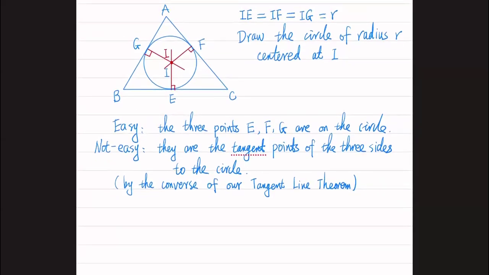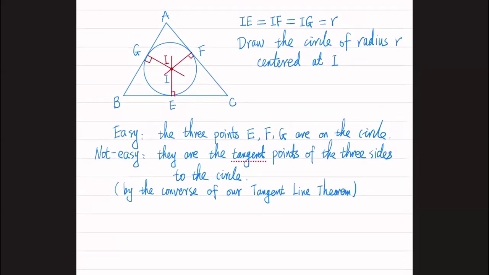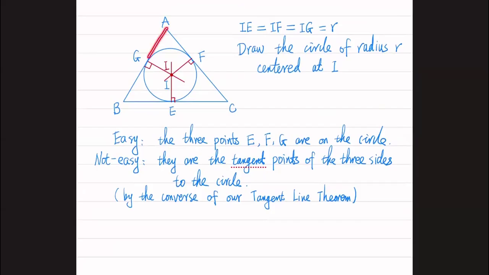Okay, not only that, we also learned how to find the lengths of the six shorter segments: AG, AF, BG, BE, CE, CF.